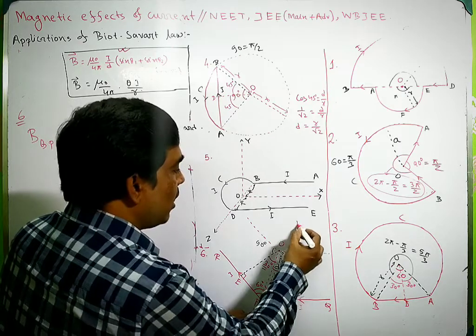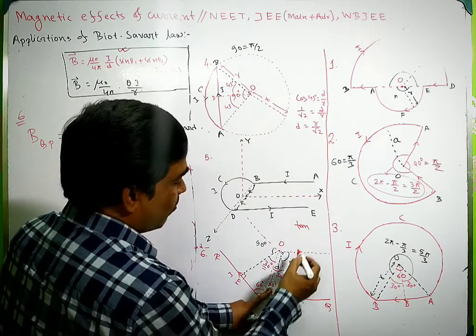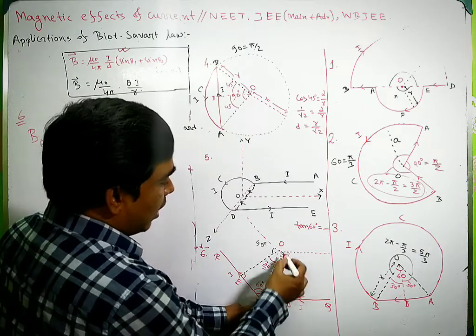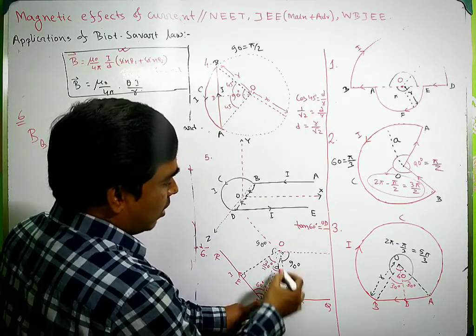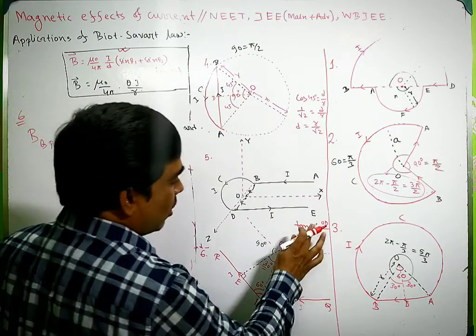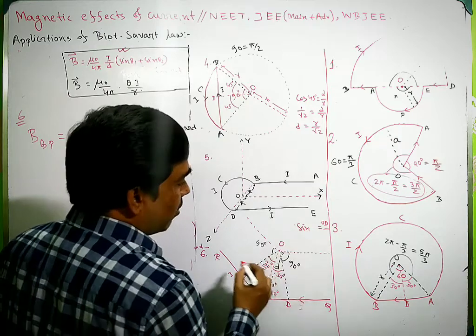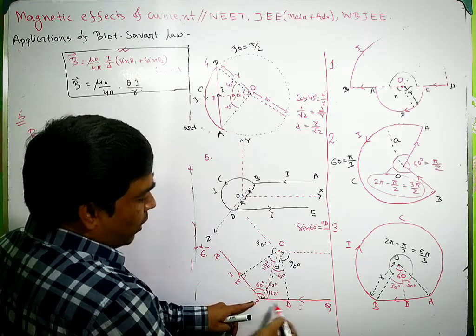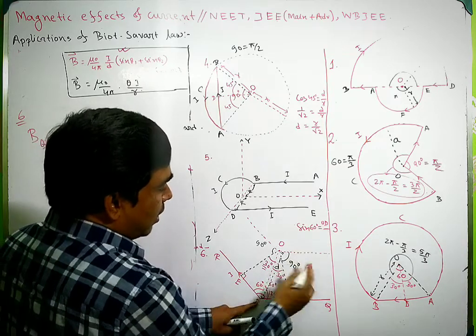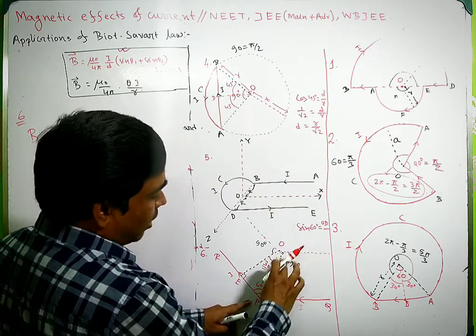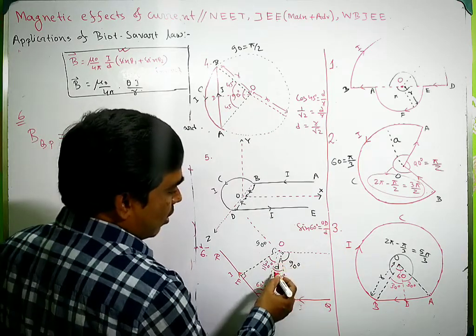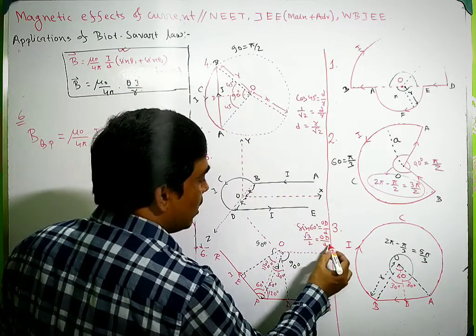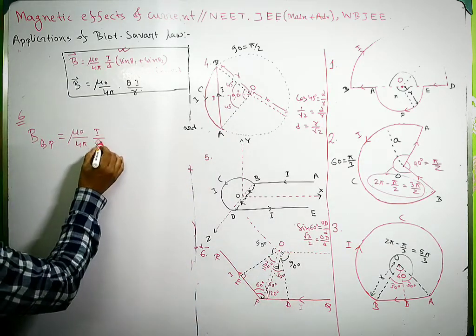Using trigonometry you can easily calculate this distance. Take sin 60 degrees from this triangle OPD; sin 60 degrees can be written as OD divided by D. So root 3 by 2 equals OD by D, so OD equals root 3 D by 2.